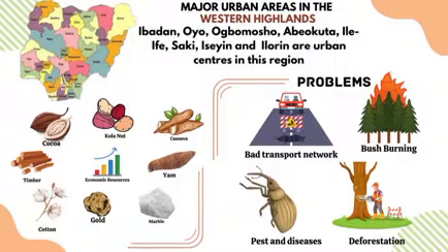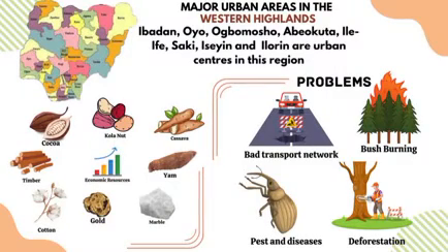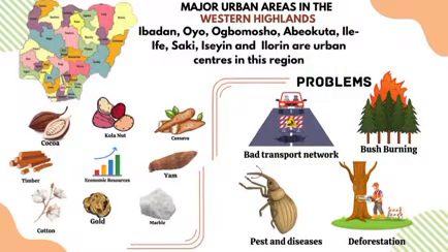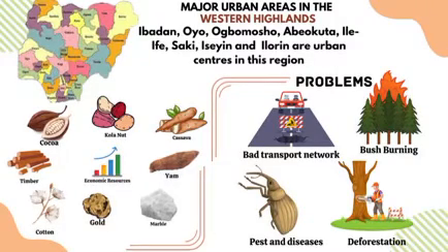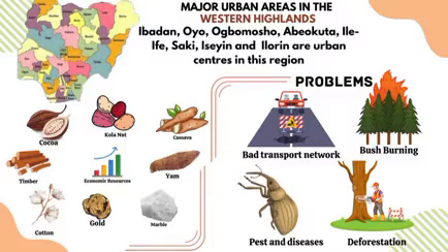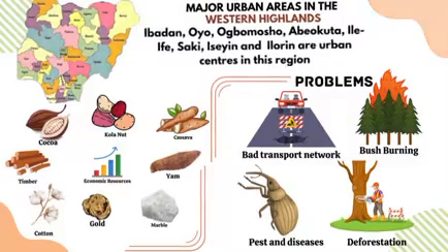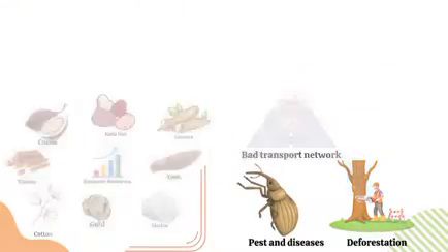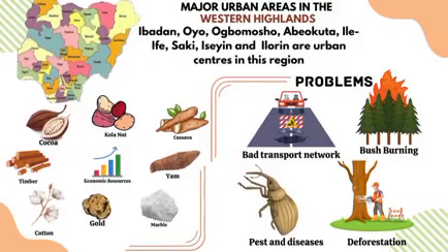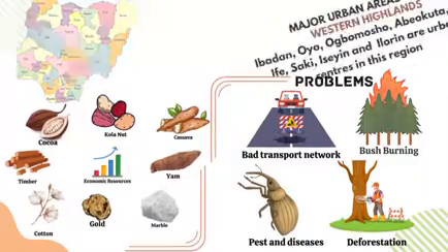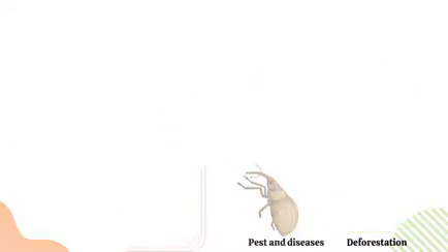Their major activities are cash crops, which include kola nut, cotton, cocoa, timber, marble, gold, even cassava and yam.